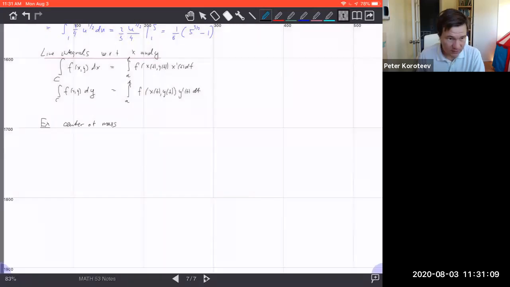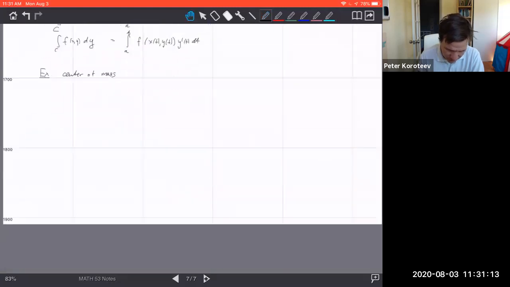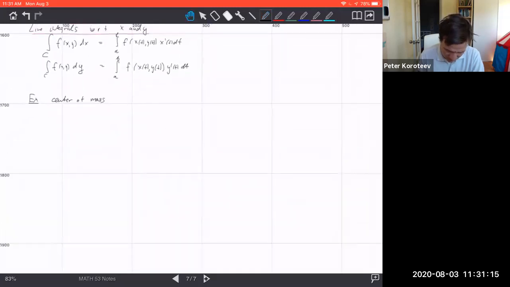Say we have, let's take another example of an arc. Only now it's an arc with variable density, so that it's getting thicker as you go lower.